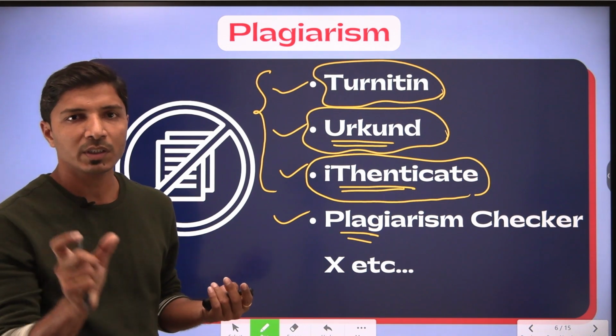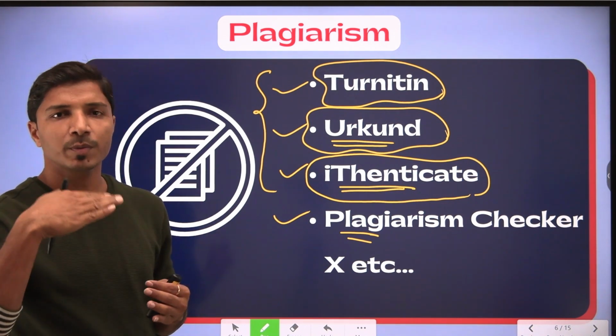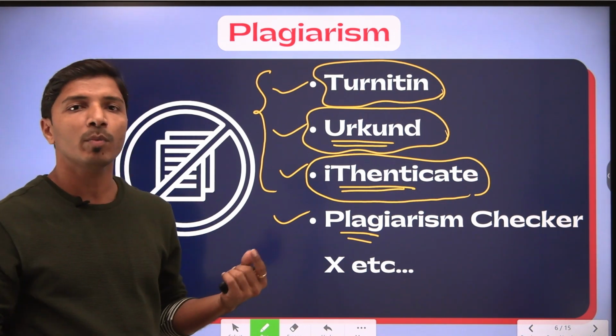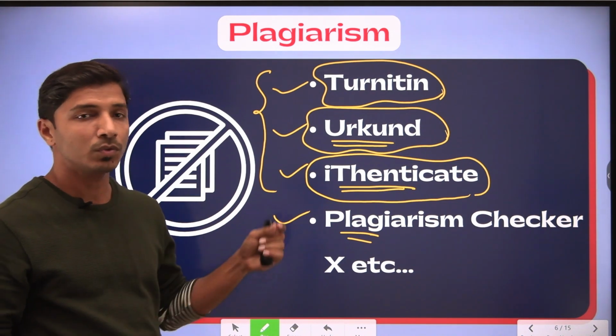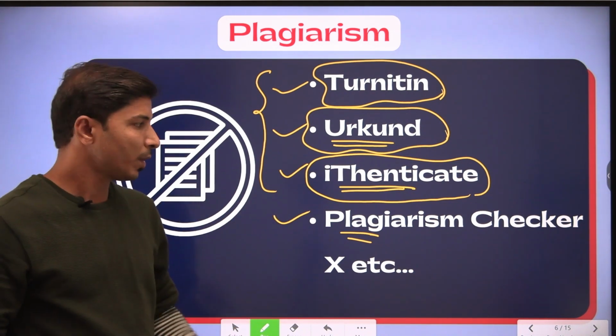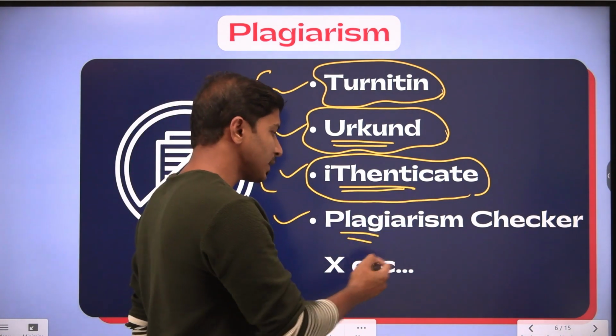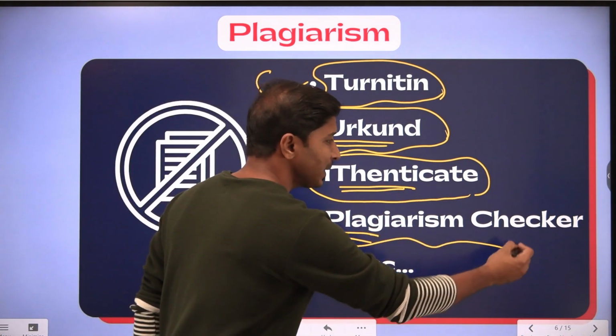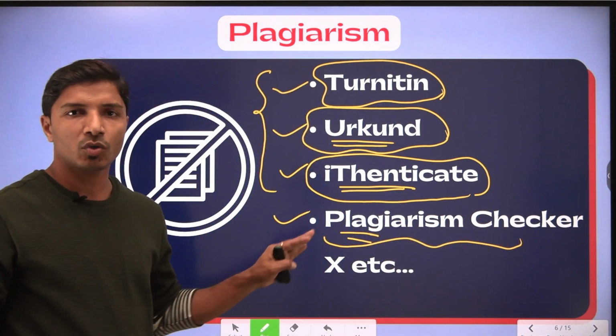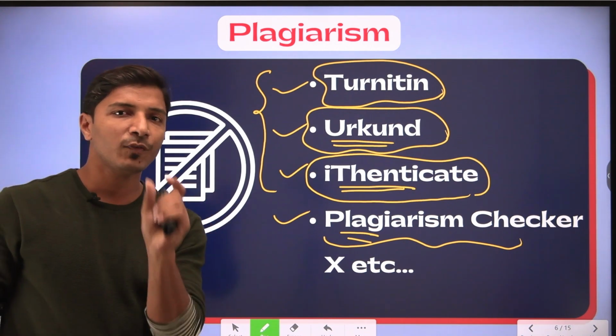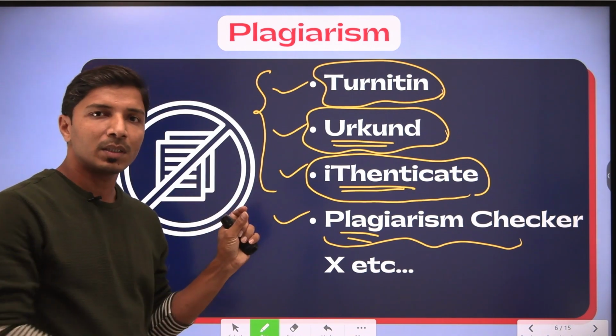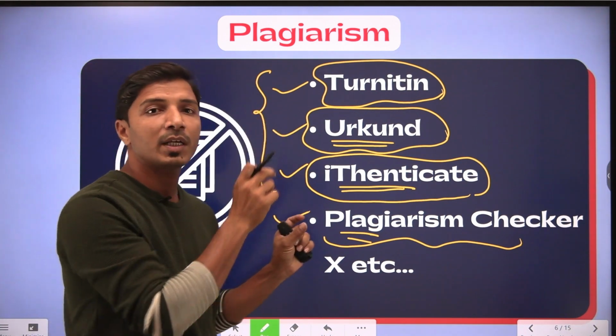For one research article, with a specific word limit, you might have to pay $100 to generate the plagiarism report. Plagiarism Checker X is also available, but it is not the most effective software. The effectiveness depends on how much database the plagiarism checker has.